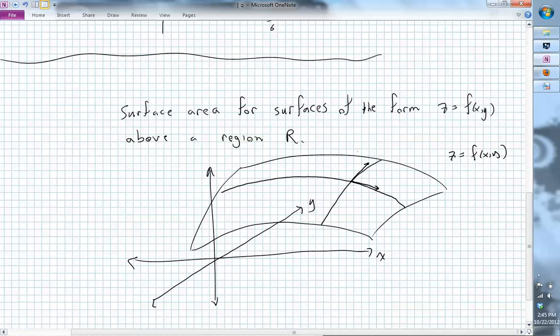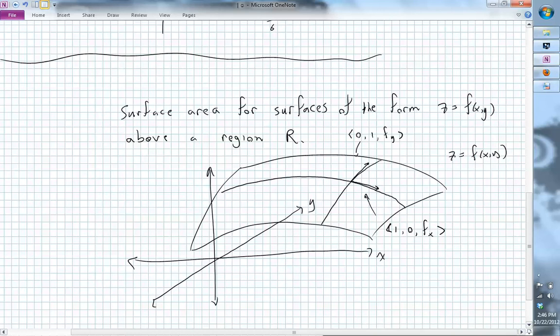Earlier in the book, we noted that these tangent vectors can be written as follows: 0, 1, f sub y, and this guy can be written as 1, 0, f sub x. We noted that earlier, in chapter 13 or 14 probably.